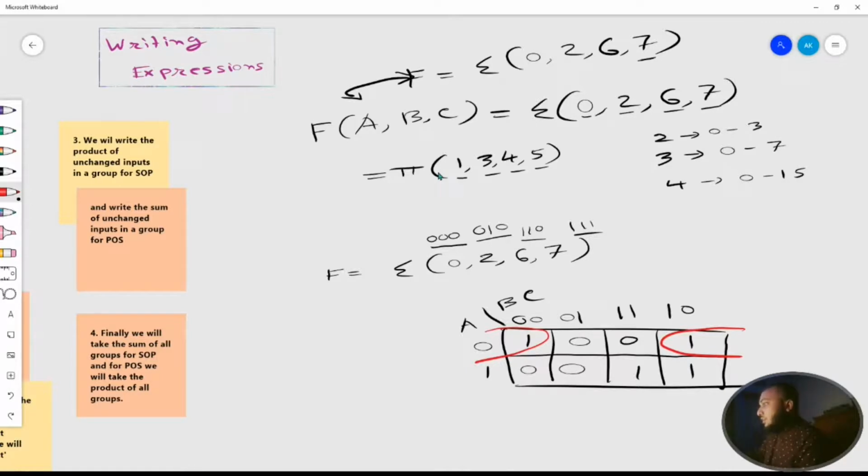So we can form a group like this, because we can have only two elements here. If there were one here, then we would have taken the group like this, because in that case we would have four members adjacent to each other.